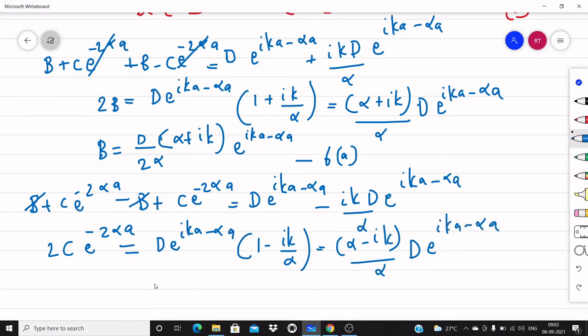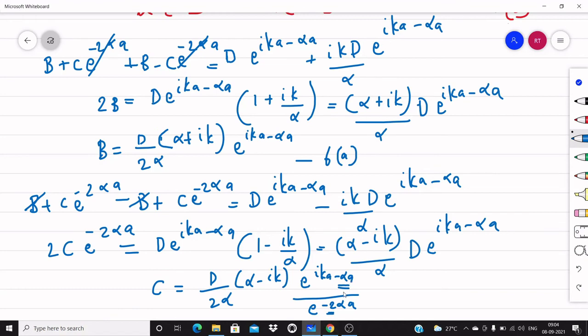Okay, and now we can take minus 2 e raised to minus 2 alpha a to the right hand side. So c is equal to d by 2 alpha minus ik, then the exponential e raised to ika minus alpha a divided by e raised to minus 2 alpha a. So here you have 1 e raised to minus alpha a, and here you have 2 e raised to minus 2 alpha a.